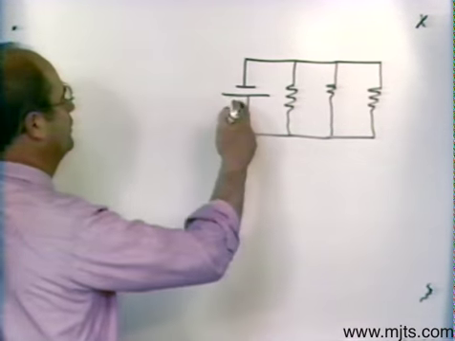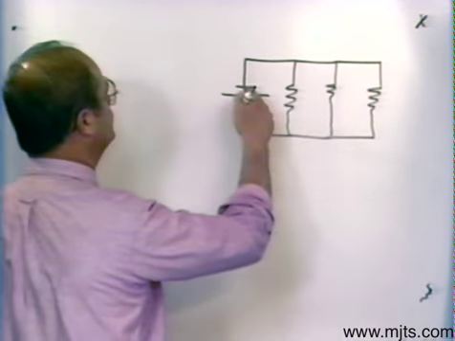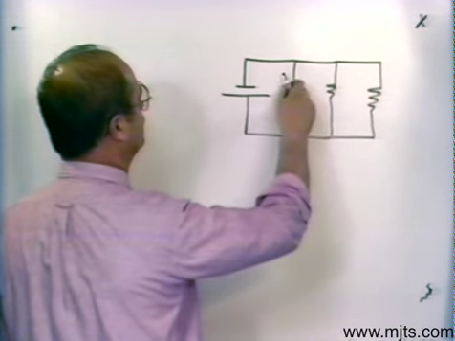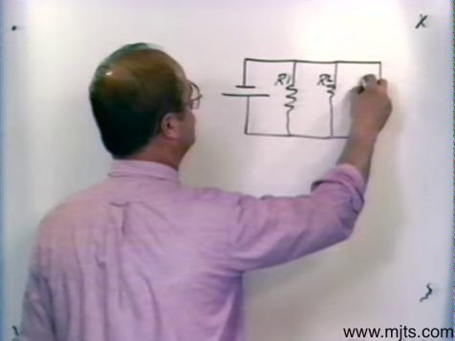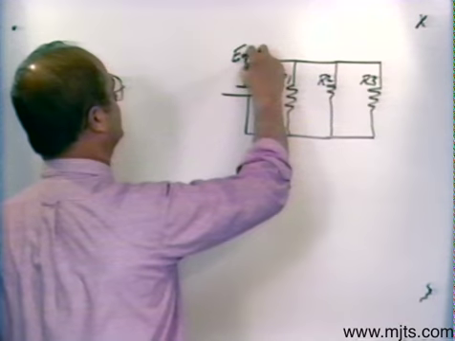parallel circuit. Now I've got a parallel circuit drawn here fed by a DC source of supply. In other words, I could identify these by resistor 1, resistor 2, and resistor 3, all fed by a voltage.